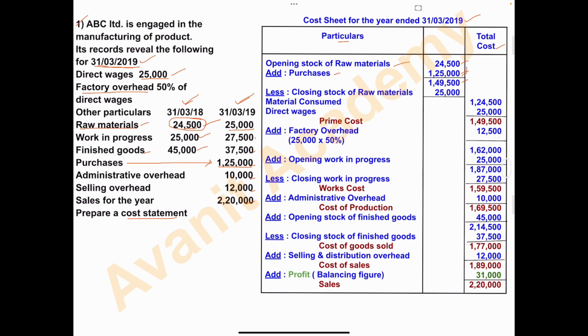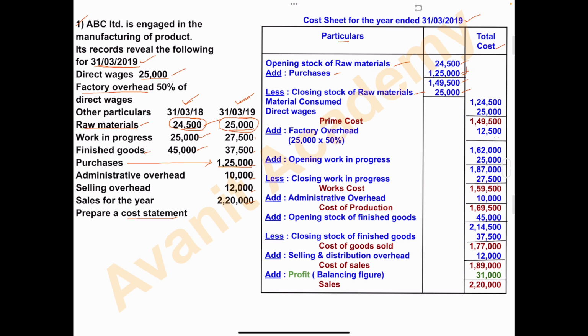After taking opening stock of raw material and adding purchases, we have to deduct closing stock of raw material. The closing stock of raw material amount is 25,000.